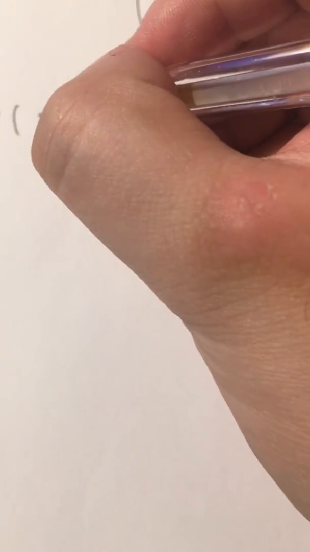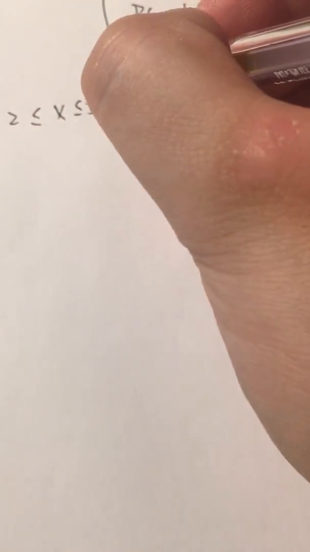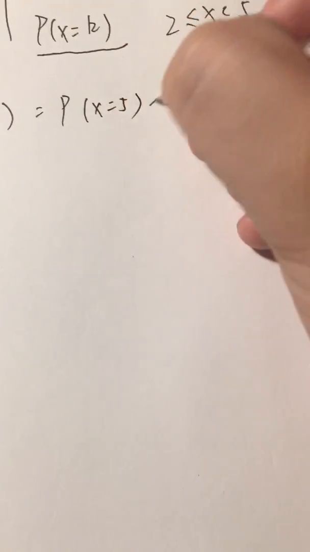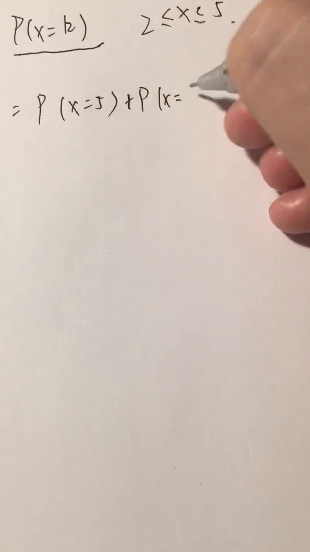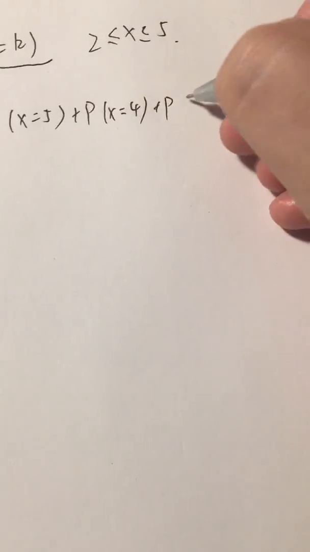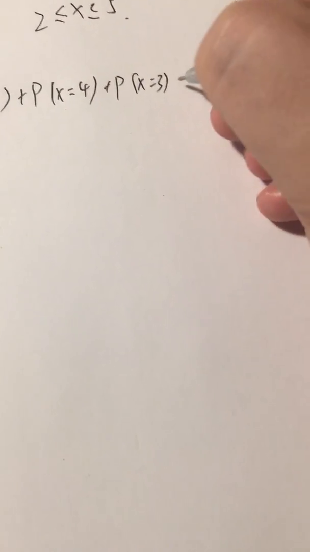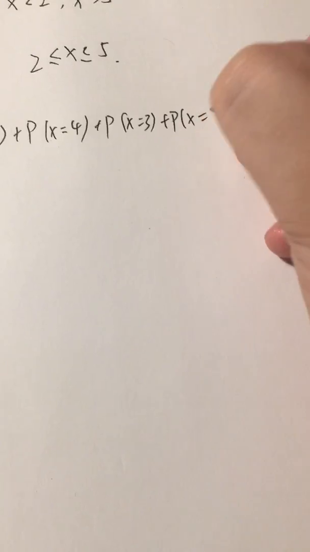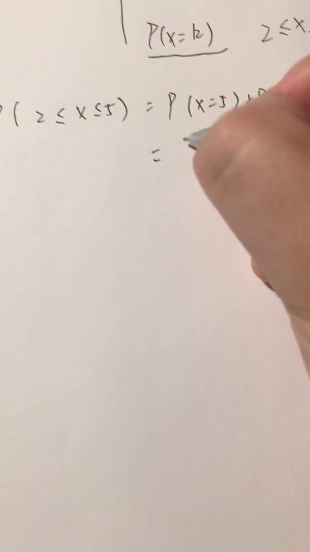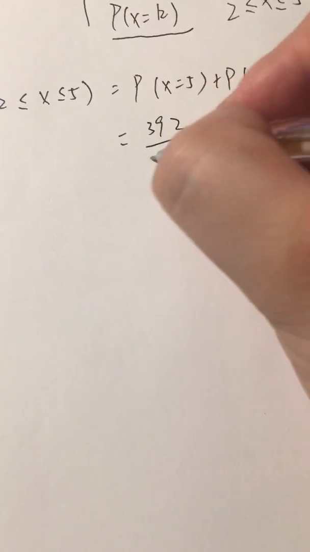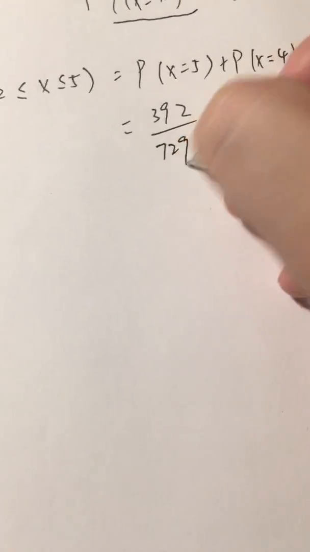So first we want to get the probability of X in the range 2 to 5, which is the probability when X equals 5 plus the probability X equals 4 plus the probability X equals 3 plus the probability of X equals 2. The result is 392 divided by 729.